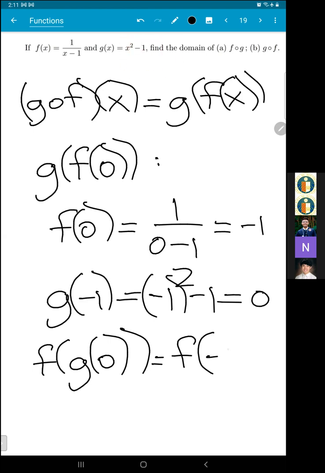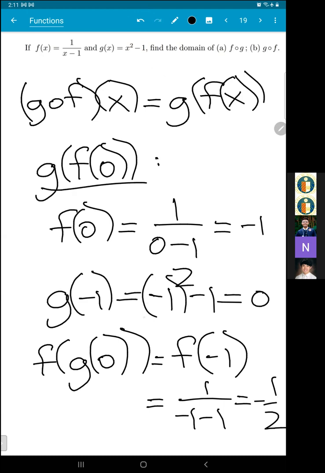So this is f of negative 1. And f of negative 1 is 1 over negative 1 minus 1, or negative 1/2. So you see that they are not the same. g of f of 0 is different from f of g of 0 because of the order in which you evaluate the composition.